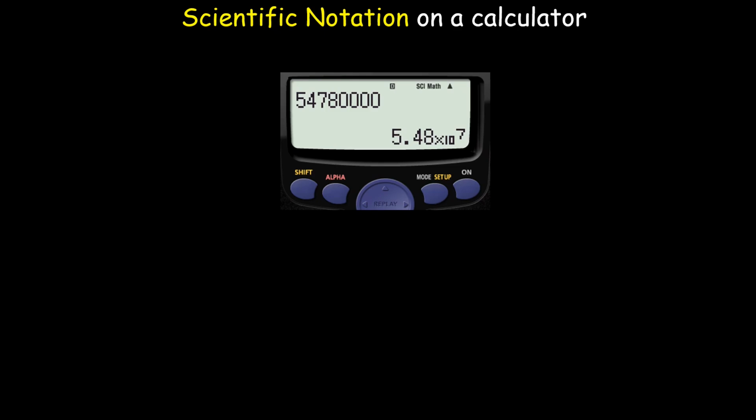Take care when using this mode because you might inadvertently give a rounded answer. When you have finished, remember to go back and reset your calculator to normal type 2.